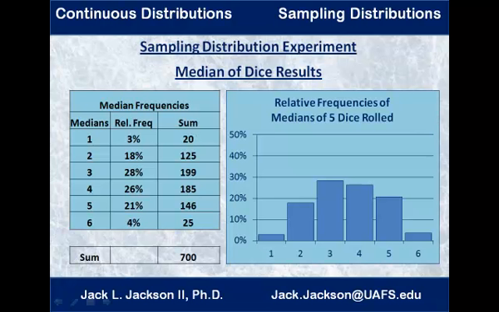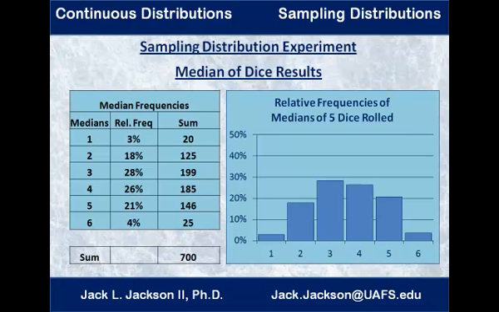Now let's think about it. What would it take to get a median of a 1? A median of 1 would say that the third one from the smaller end would have to be a 1, which means you had to get at least 3 1s. Well, the probability of getting at least 3 1s is relatively small.